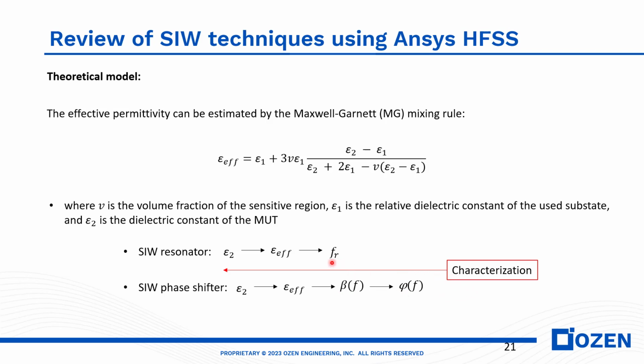So from the measured or simulated frequency, we can extract the effective dielectric constant using the Maxwell-Garnett mixing rule, and from that we can extract the dielectric constant of the MUT. Same thing goes for the phase shifter. From the phase we can find beta, and from beta we can extract the effective dielectric constant and then find the dielectric constant of the MUT.